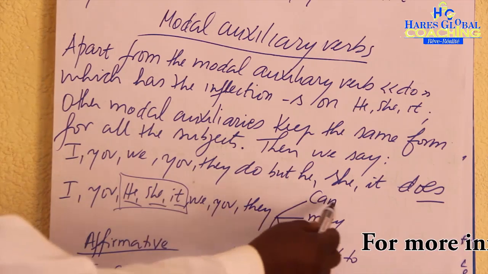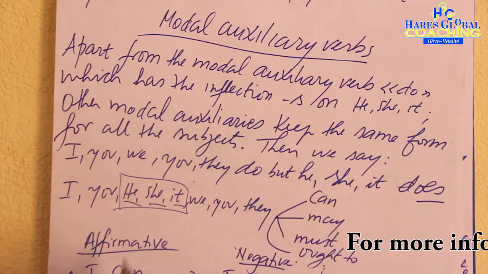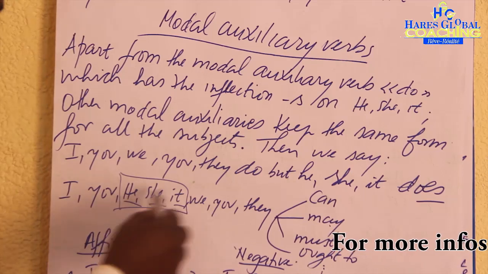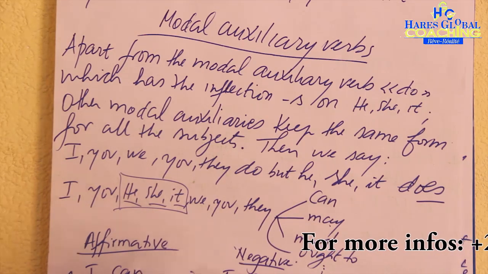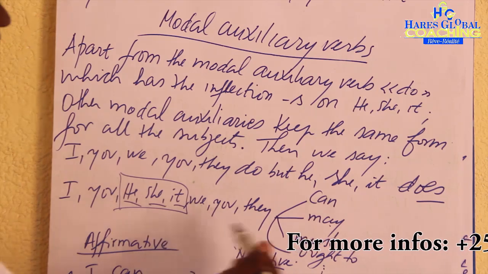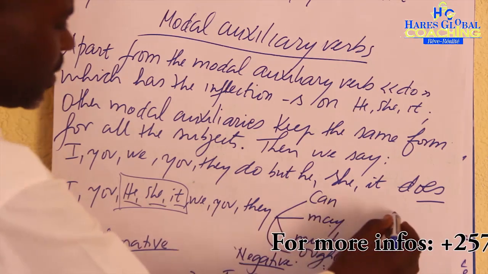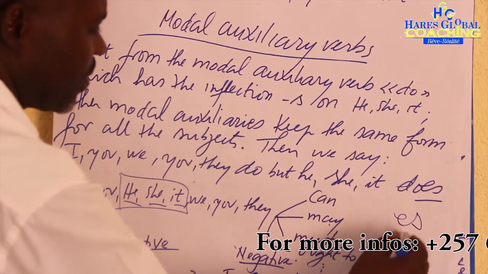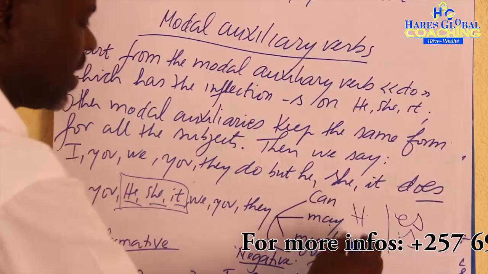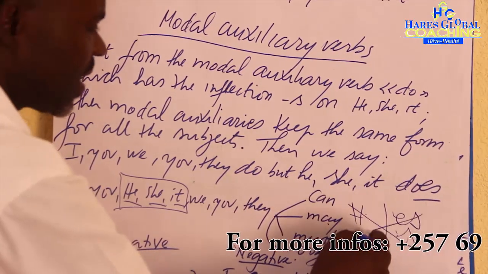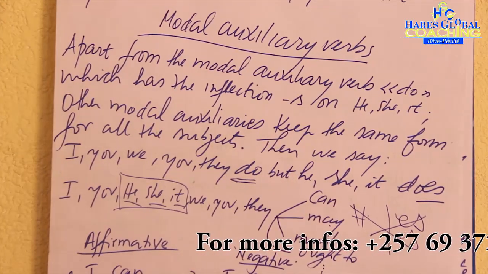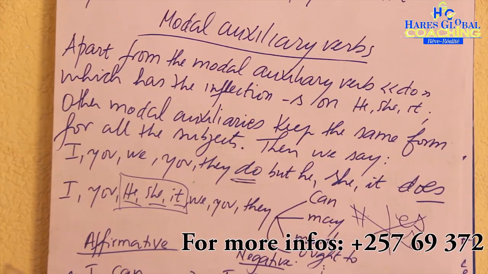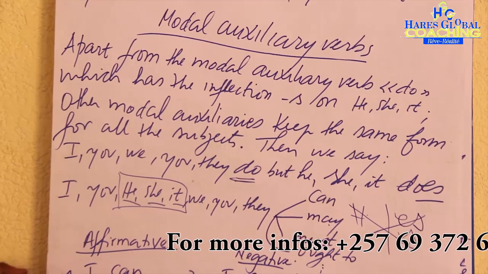We say I can come, you can come, he can come, she can come, she may come, or it must happen. Then we do not have to add es or s on he, she, it on these modals, except the modal do only. Then here is an example. Affirmative, we say I can.